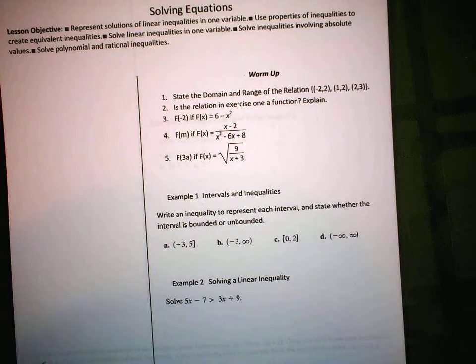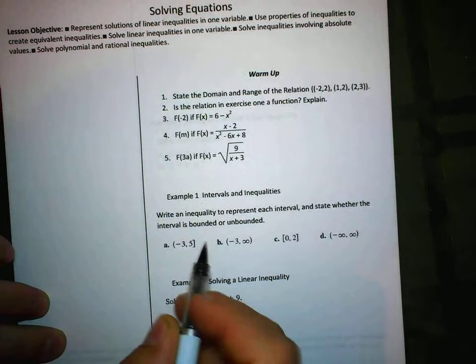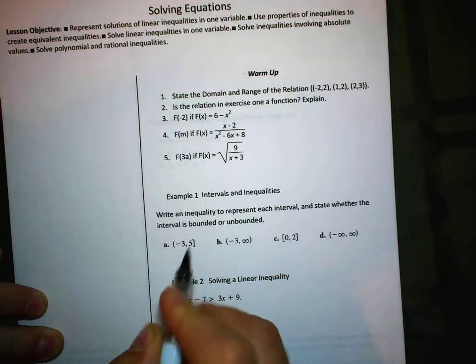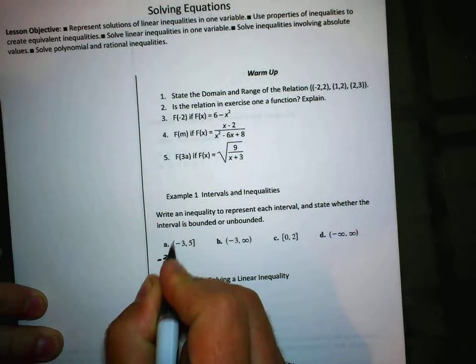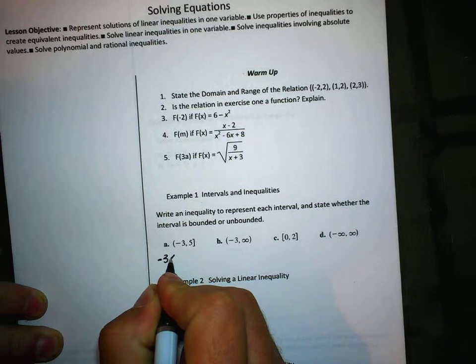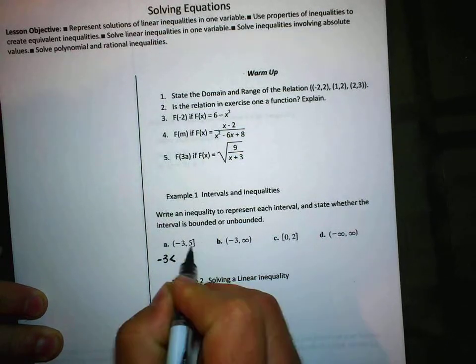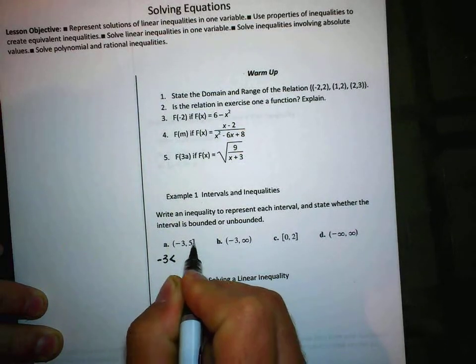Alright? So looking at example number 1, we need to write an inequality to represent each interval and state whether the interval is bounded or unbounded. Okay? Well, when you have something like this, the left side and this mark means it's less than, whereas the right side is closing it off.